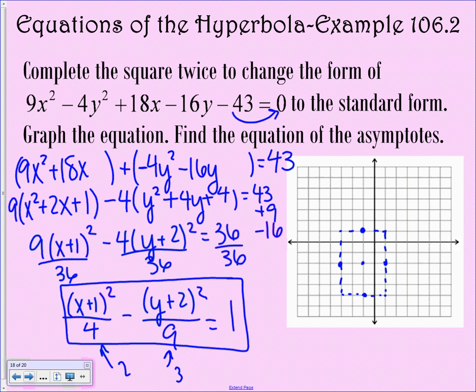And now we put our asymptotes. And then we've got to draw in our hyperbola, and it is going left and right because our x here comes first. So it's going to go this way and this way.